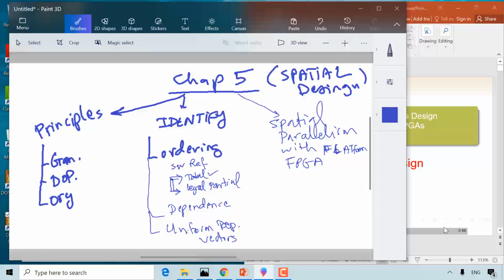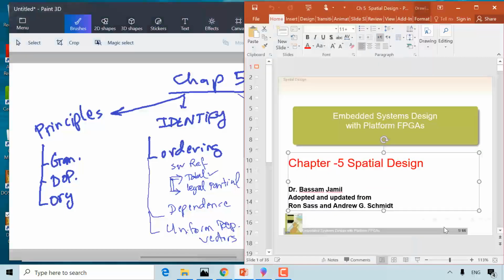We will discuss parallelism within FPGA hard cores, and within FPGA design. So these are the two main topics that we will address in the remainder of the chapter. So let's go back to the lecture.